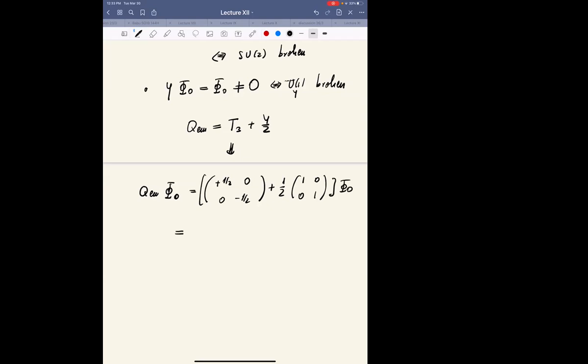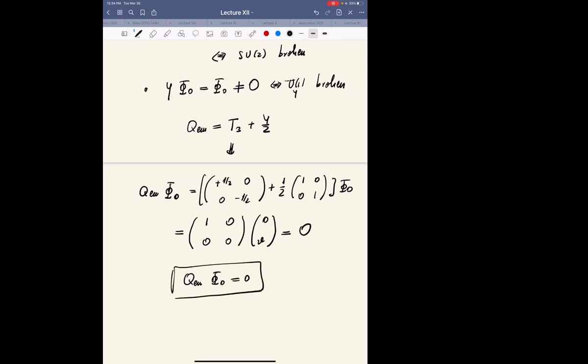You could see this immediately. This is (1, 0, 0, 0) acting on (0, v). This is 0. It's true that we break SU(2), and it's true that we break U(1) hypercharge. But Q electromagnetic acting on phi_0 is 0. Charge, and by this I mean electromagnetic charge, is not broken.